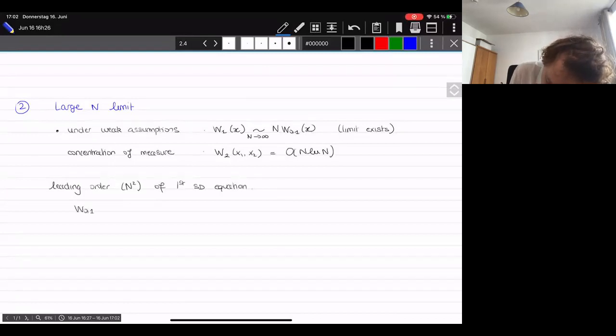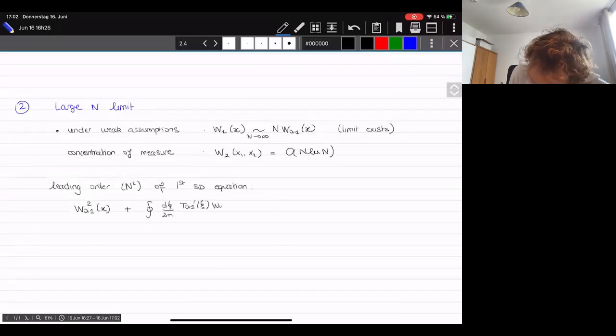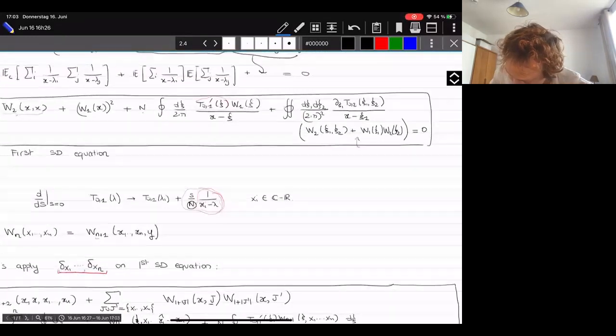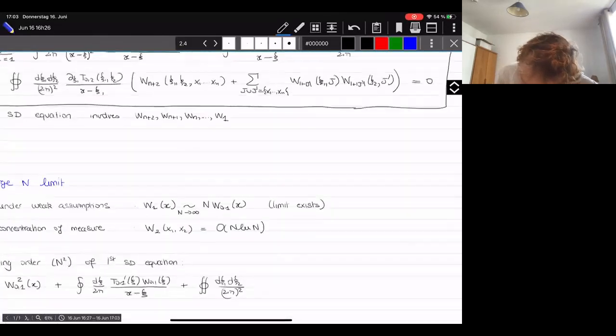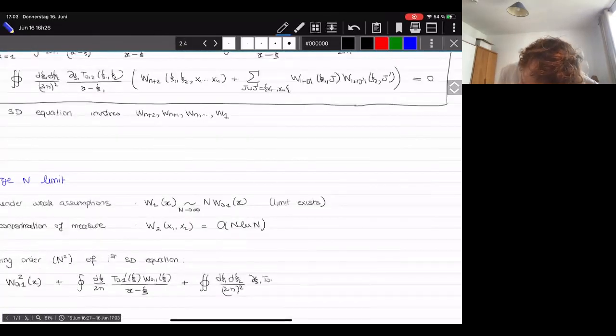You would get W_1^0, this limit, squared. You would get this contour integral of T_0 prime of xi, W_1^0 of xi, over x minus xi, and the double integral of d xi_1 d xi_2 over (2 i pi) squared. And what did we have? We had d xi_1 T_0 prime, divided by x minus xi_1.